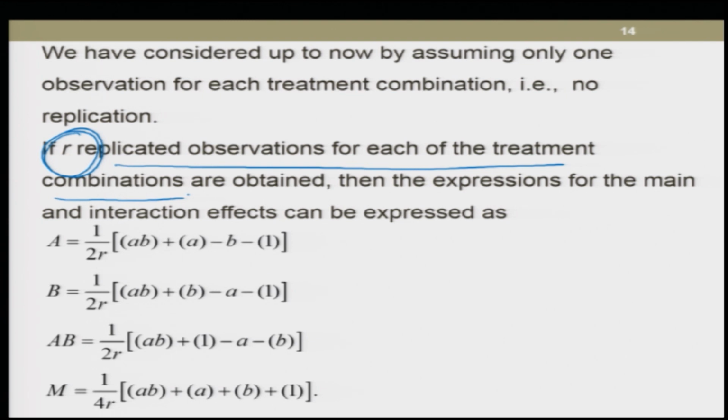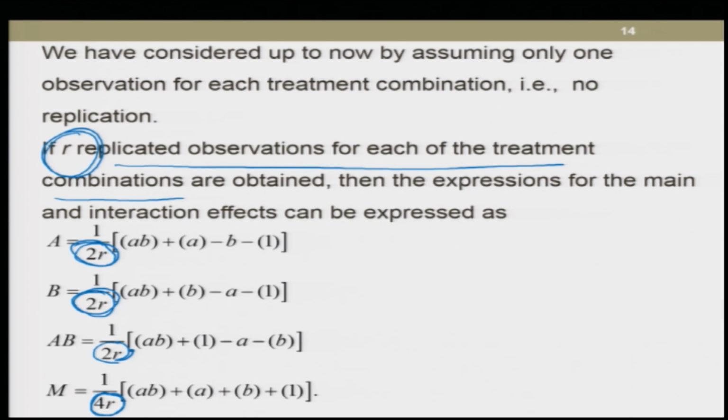Then the main effect and interaction effects, along with the general mean effect, are going to be computed as an average based on the R replications. So, in this case the divisor will become 2R in case of A, B and AB, and the divisor in the general mean effect will become 4R.